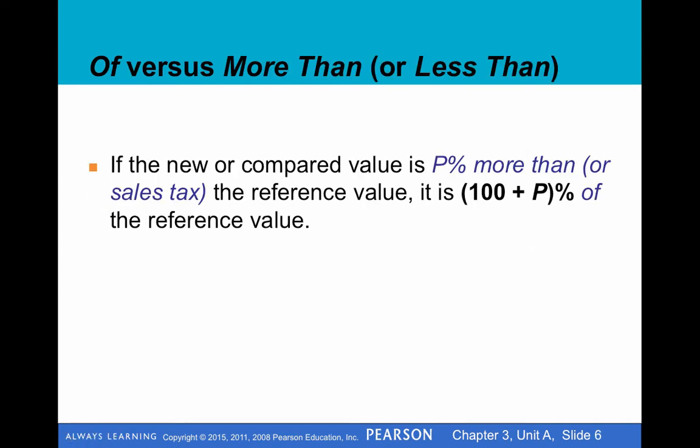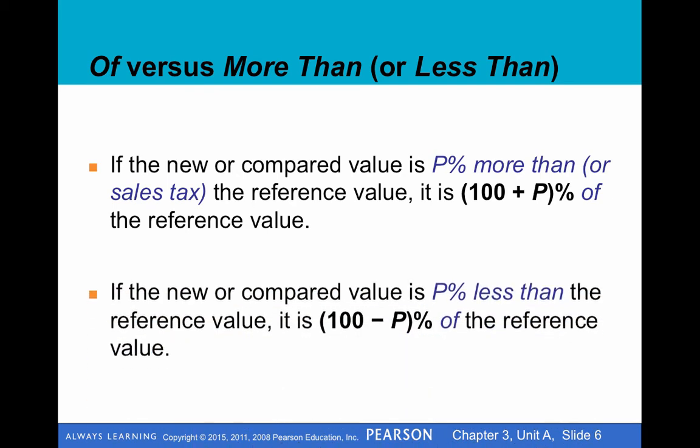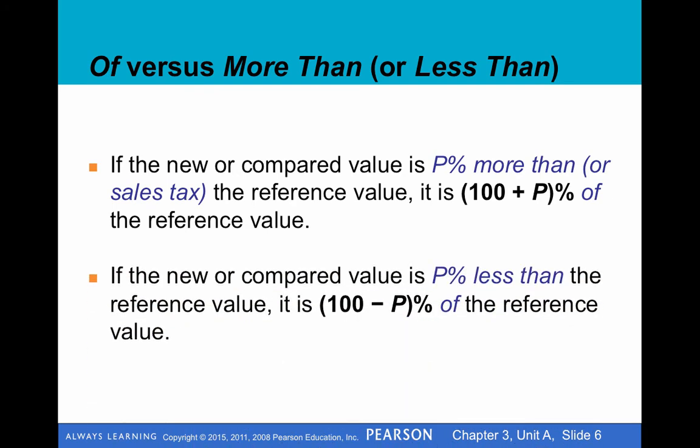Now there are some other comparison words that we use instead of just "of." Sometimes we have things that are more than or less than, or tax added on to the original price. So we have 2 different situations here. If we say the newer compared value is p% more than, or if we have sales tax, that means whatever percent more, the compared value is 100 plus p percent of the reference value.